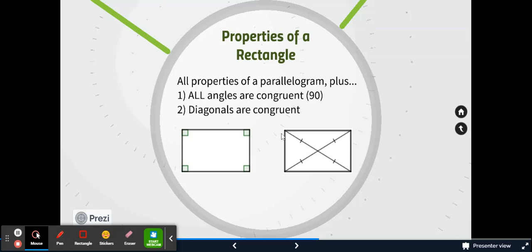The second special property of a rectangle is that the diagonals will be congruent. So each of these diagonals, going from one corner to the opposite corner, is the same length. Now we can see the way that this typically gets marked on a diagram is that each diagonal is broken into 2 parts, and then each part is congruent.